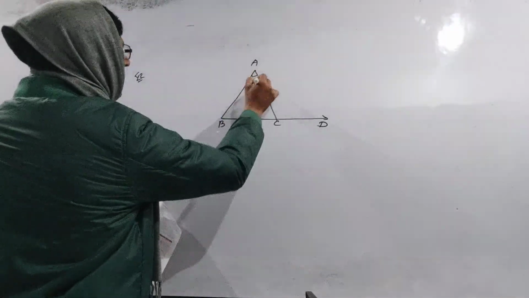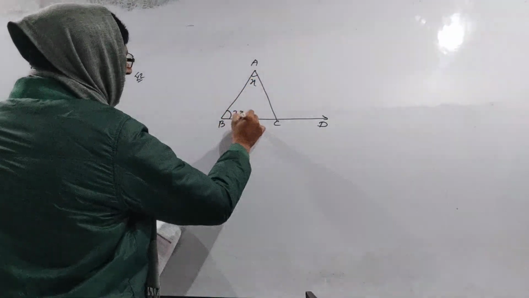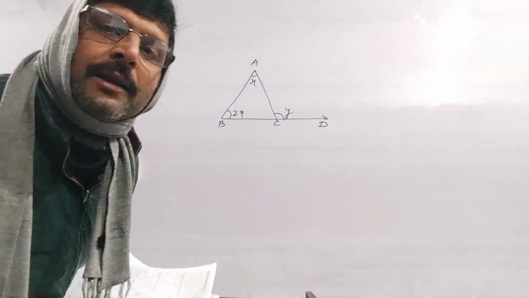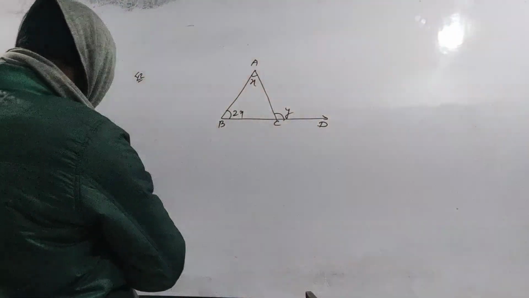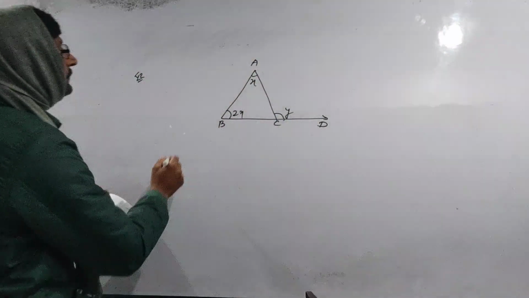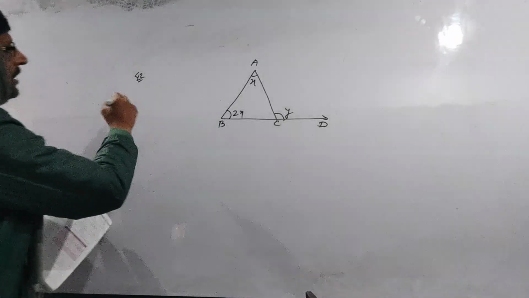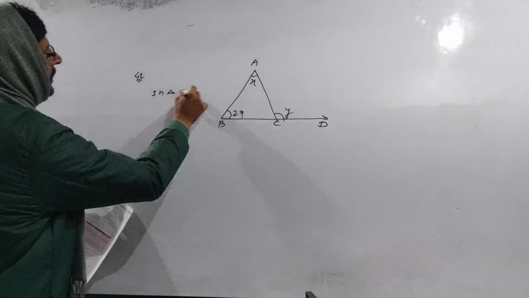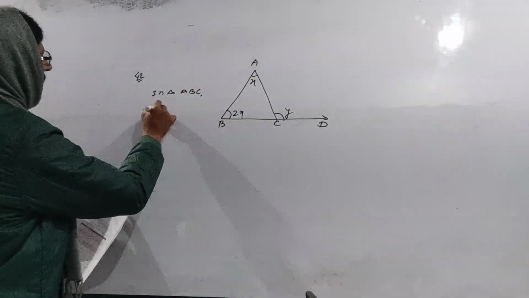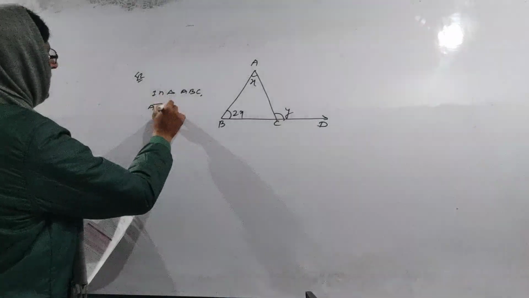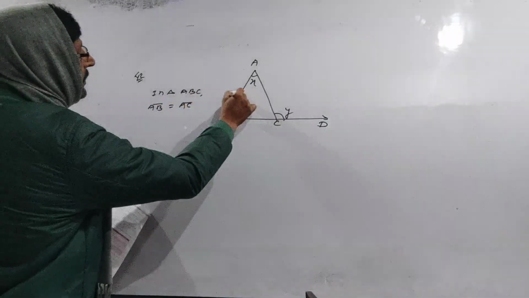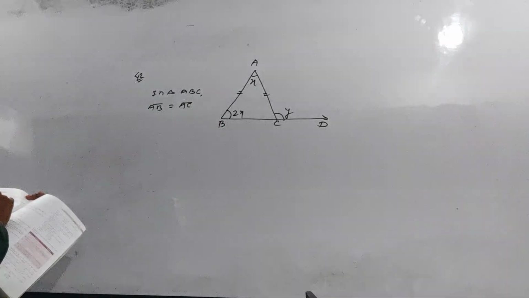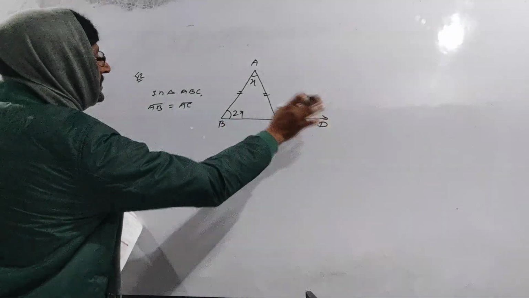Angle A is given as x, angle B is given as 2x, and angle C is given as y. Clear? In triangle ABC, side AB is equal to AC, given, right? And BC is extended to point D.